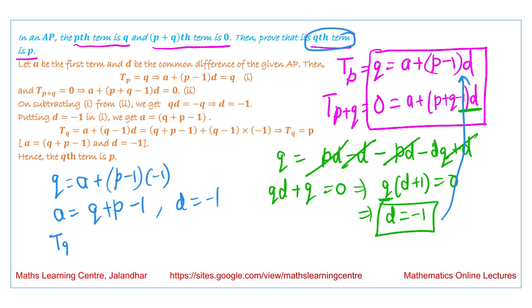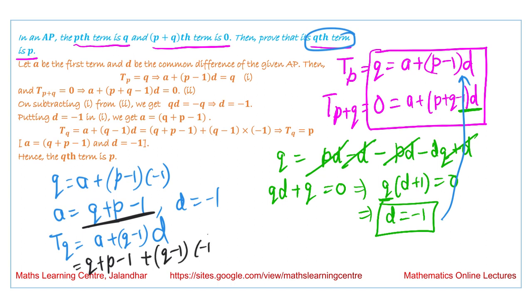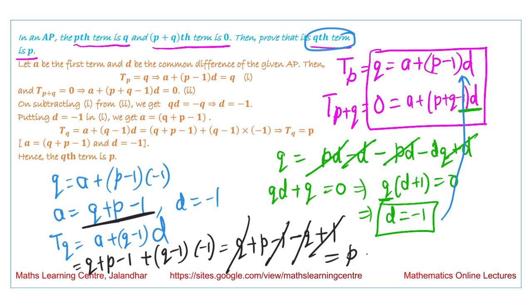So tq will be equal to a + (q − 1)d. We substitute these values over here: (q + p − 1) + (q − 1)(−1). So it is equal to q + p − 1 − q + 1. q and q get cancelled, 1 and 1 get cancelled, and we are left with p.